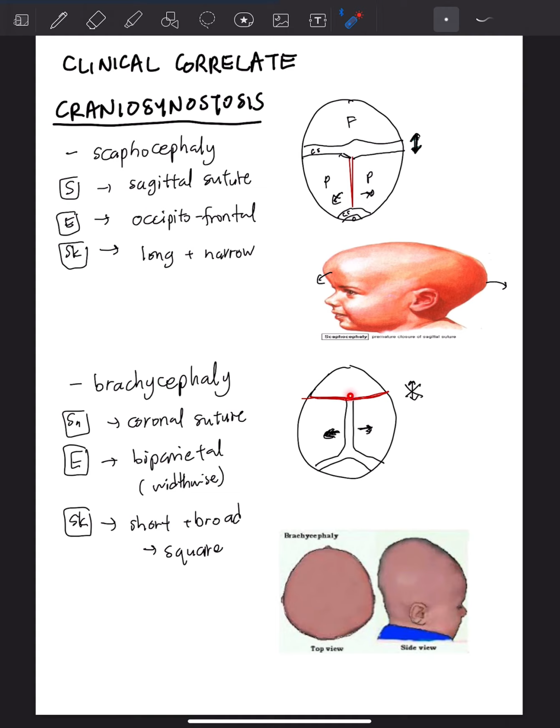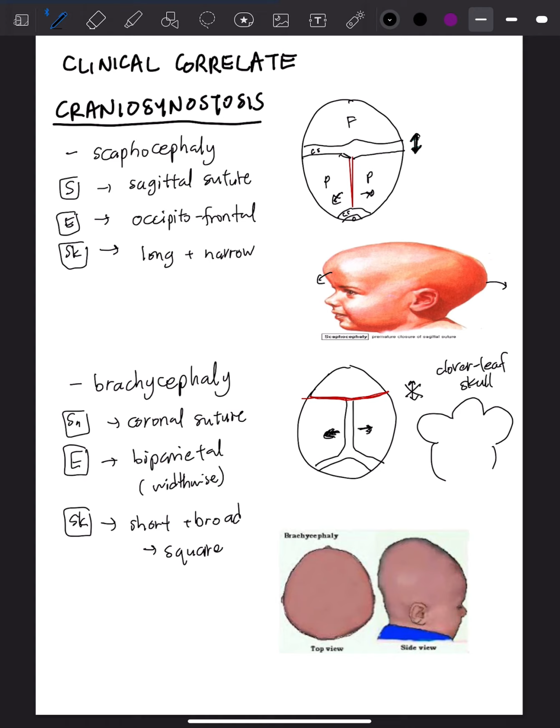When that happens, the brain can grow through the anterior fontanelle, and you have three external elevations. When you look from the front of the face, you have one from the anterior fontanelle and one from each side. This is quite an extreme form of craniosynostosis, and this is called clover leaf skull.